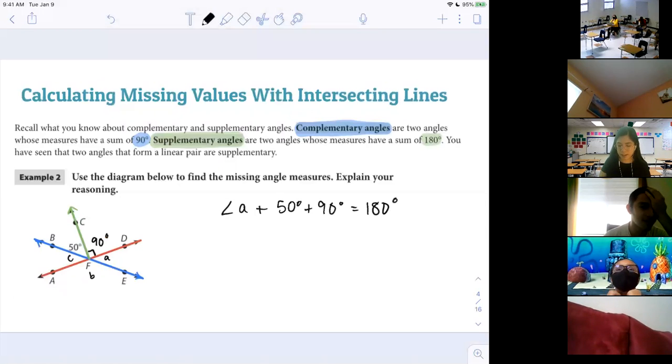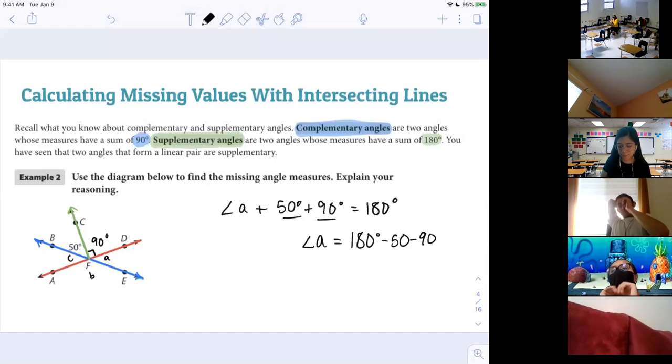So what I can do is take 180 and subtract 50 and 90 from it. So what do I get when I subtract 180 minus 50 minus 90? 40 degrees. Good. So I know that angle A is 40 degrees.